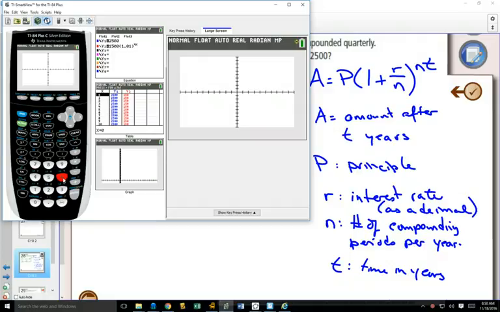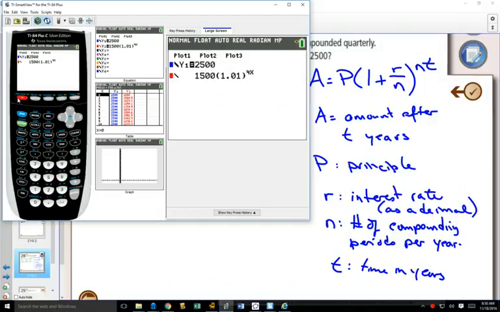Nice. The graphing calculator is a very, very powerful tool, but it's not powerful if you know no math to go with it. So a couple things here. When you type in equations to graph them, you're probably going to have to change your window. And in order to change your window well, you need to know some things about the functions you put in. In y1, we put y1 equals 2,500.